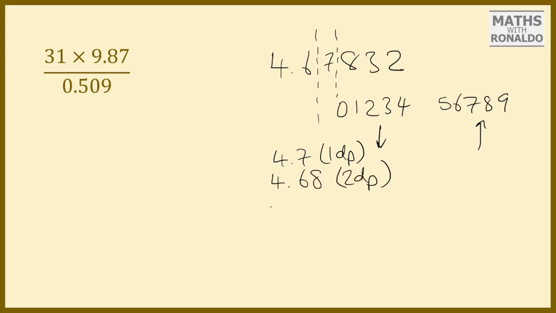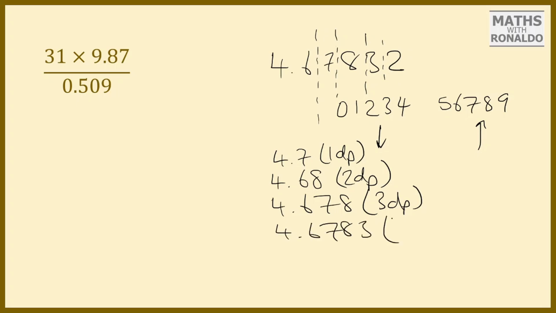To round to three decimal places, well, we'll look here, our next number is a 3, so we round down, so it's going to be 4.678, three decimal places. Finally, to four decimal places, our next number is a 2, so we round down, so it's just 4.6783 to four decimal places.